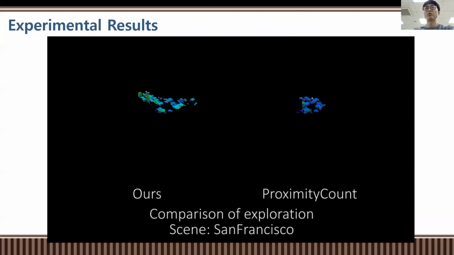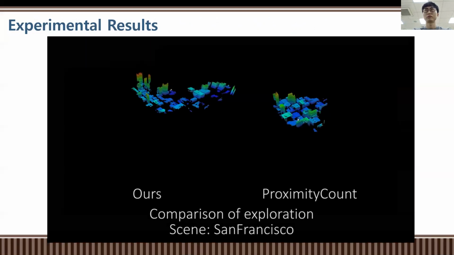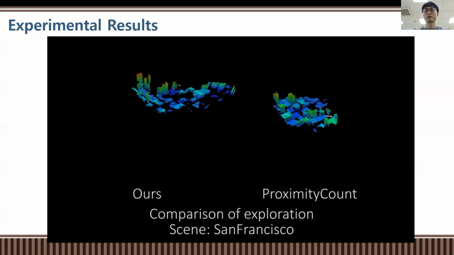Here's the video of the exploration and 3D reconstruction on various types of areas. As you can see, the algorithm with the CNN utility function can explore and reconstruct the area much faster compared to the conventional method, such as proximity count.